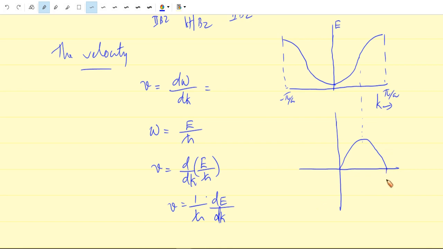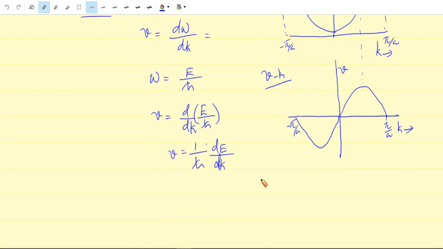This is k equal to pi by a, and on this axis k. In the negative k axis the slope is negative, a large negative value, and becomes 0 again here. This is the kind of graph we are getting, with minus pi by a here and plus pi by a here. So this is the velocity versus k diagram, and this is the E-k diagram in the first Brillouin zone.